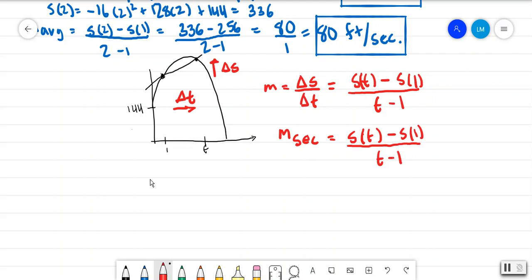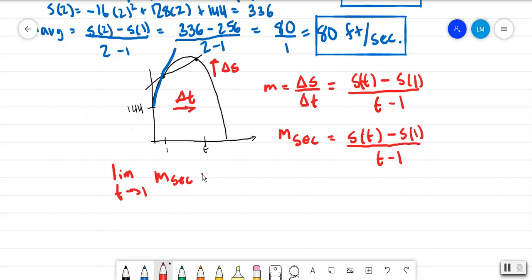But if I was to take the limit as t approaches 1, then you're taking the limit of the secant slope, and eventually you're going to get a line that runs tangent to that point at 1.